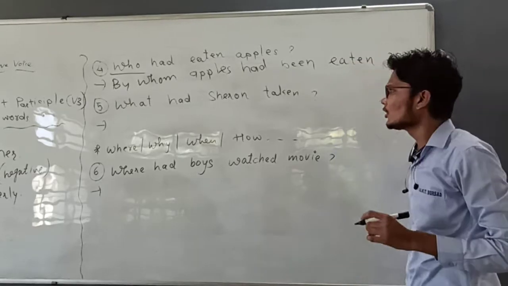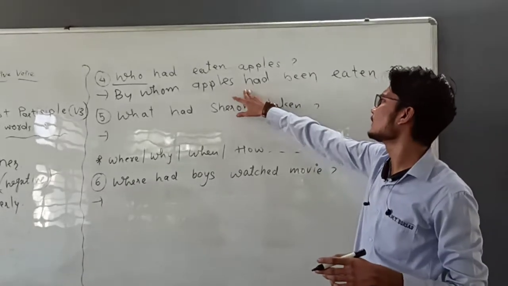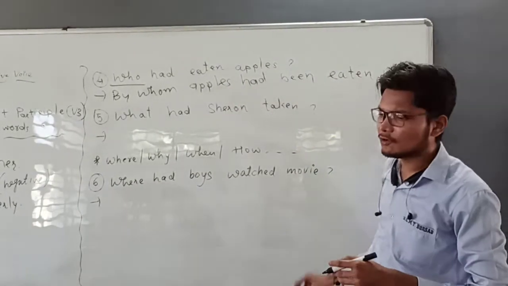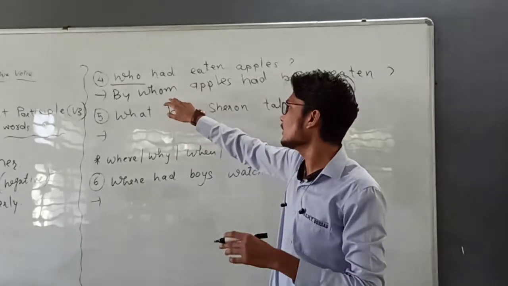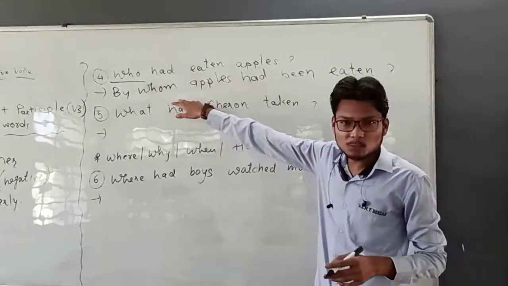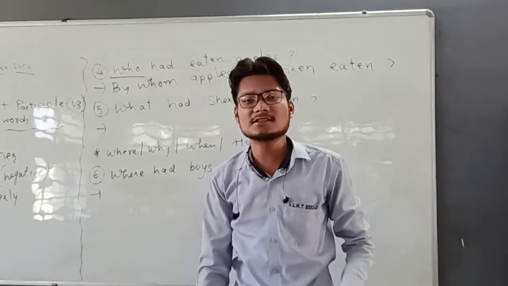And at last, you have to put the question mark. Another answer can also be there, instead of this, by whom apples had been eaten. So this is how the answer will go.